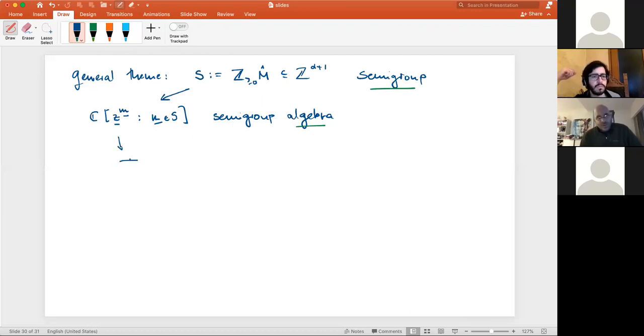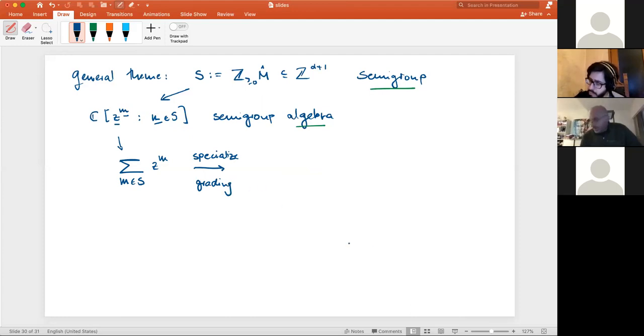And you've seen this. Out of this, we build a multivariate generating function. You've seen this in a special case. Often you specialize. In the Ehrhart case, this is called the grading, and we'll be more precise in a moment what this means.